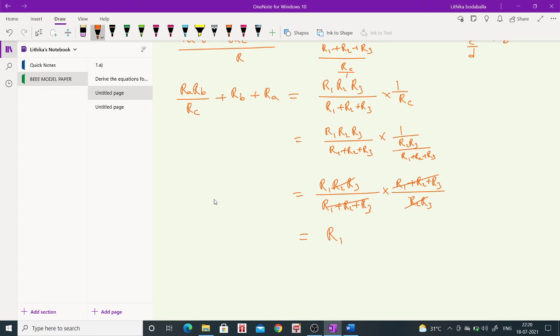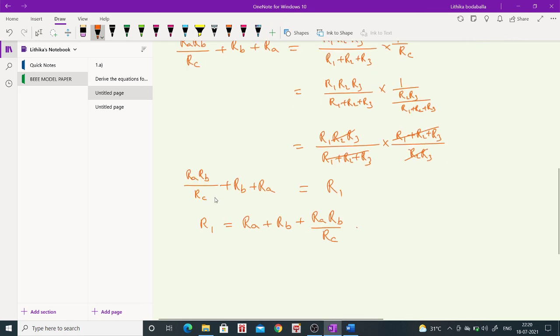So R1 is equal to RA RB by RC plus RB plus RA. If I rewrite this, R1 is equal to RA plus RB plus RA RB divided by RC. Once you have got this, you can easily write the other two as well.